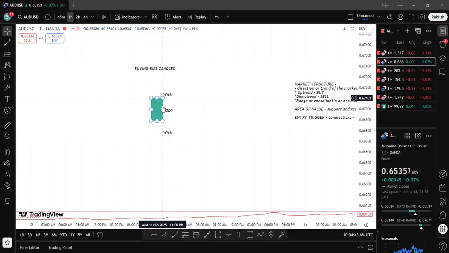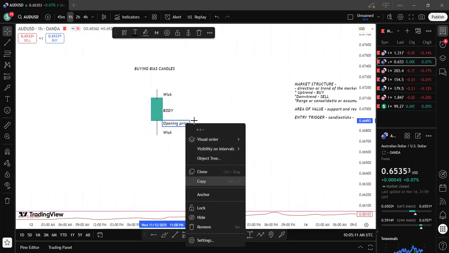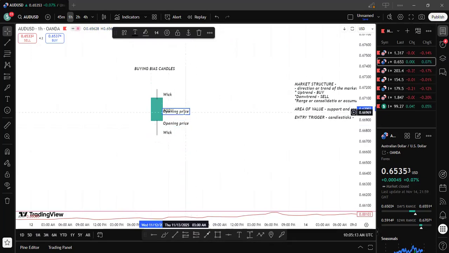Then in a green candle like this, the open price is below here, just before the wick, the body. It's called the opening price. Does it make sense? Then the top of the body, like you see this particular top here, is called the closing price.